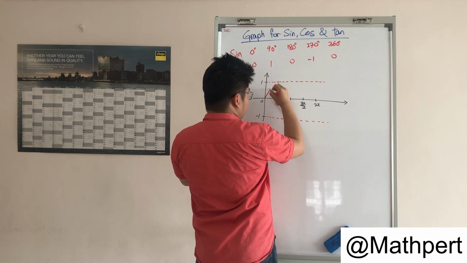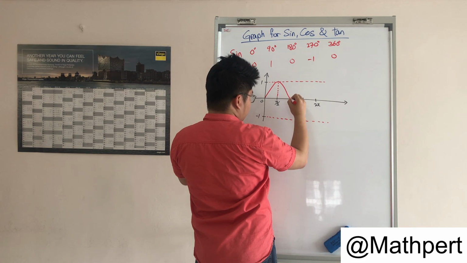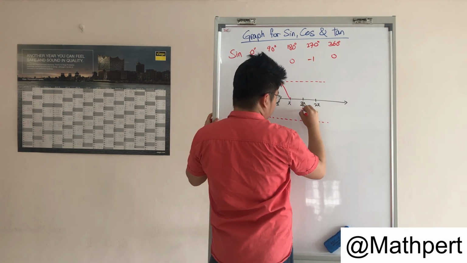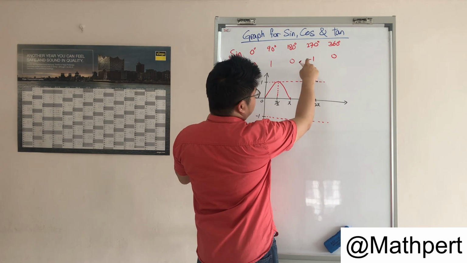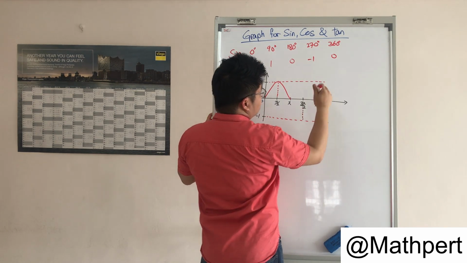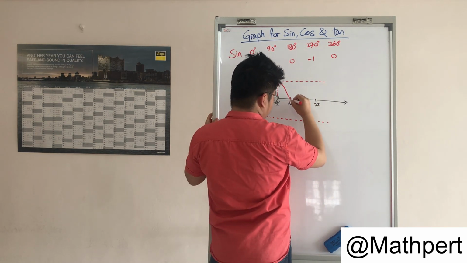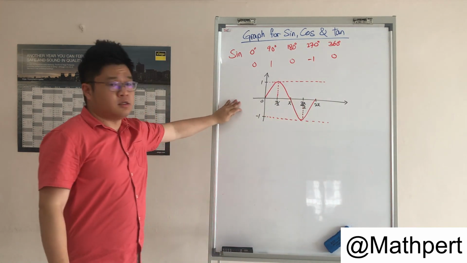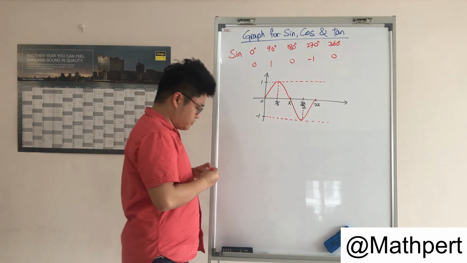So this is the curve. Sine 270 is negative 1. Sine 360 is 0. So this is the sine graph.